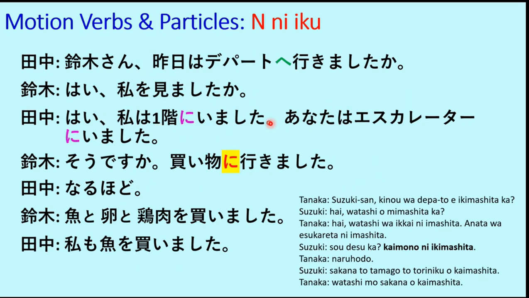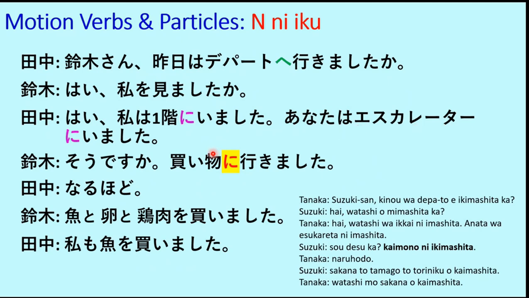Imashita you have already learnt in a recent lesson, imasu and arimasu. And we also learned that imasu and arimasu are preceded by the ni particle. So that's why ni imashita. Watashi wa ikkai ni imashita. That means I was on the first floor. And then he says, Anata wa esukareta ni imashita.